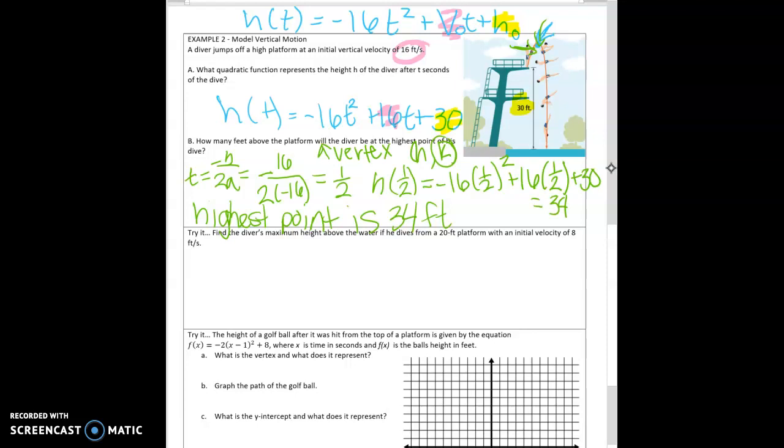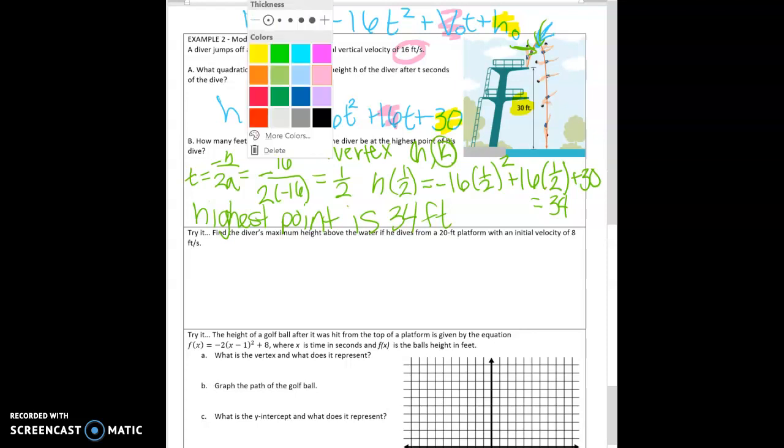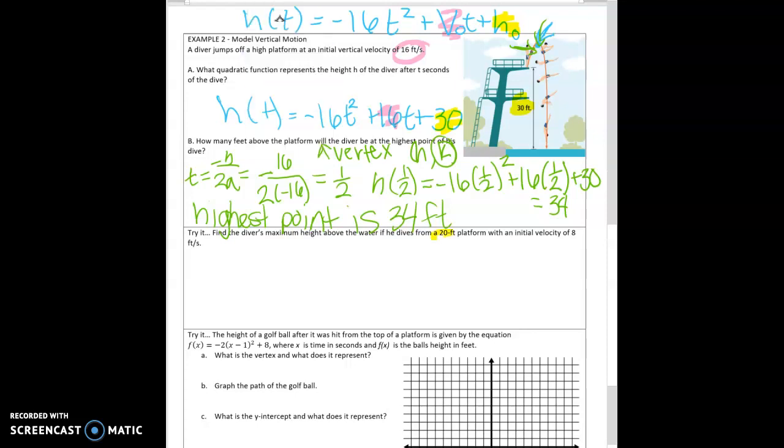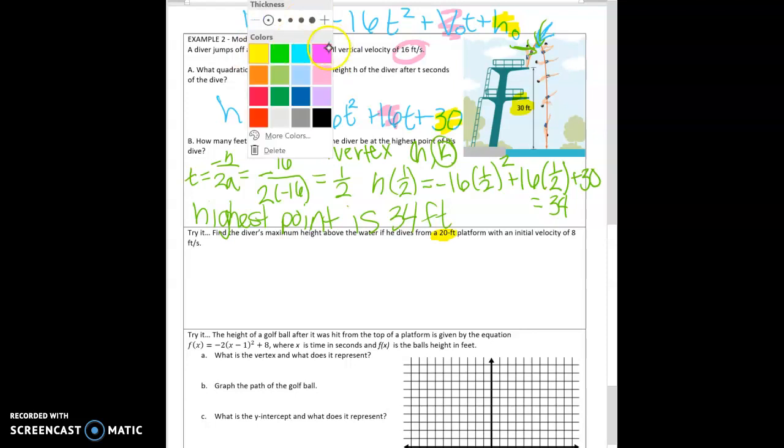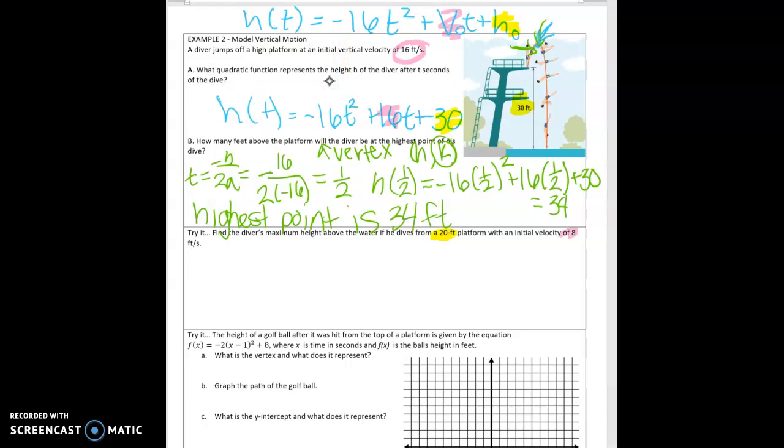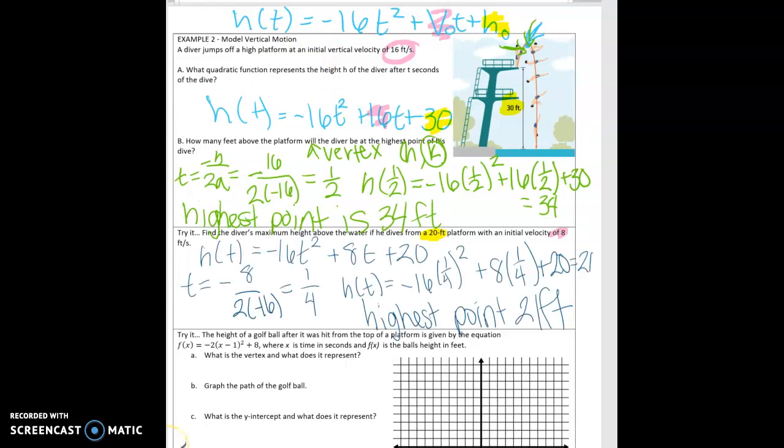Okay, so now go ahead and try the try it problem. So now his maximum height is at 20, and the initial velocity is 8. So go ahead and give that a try. Okay, so for this one, the highest point would be 21 feet.